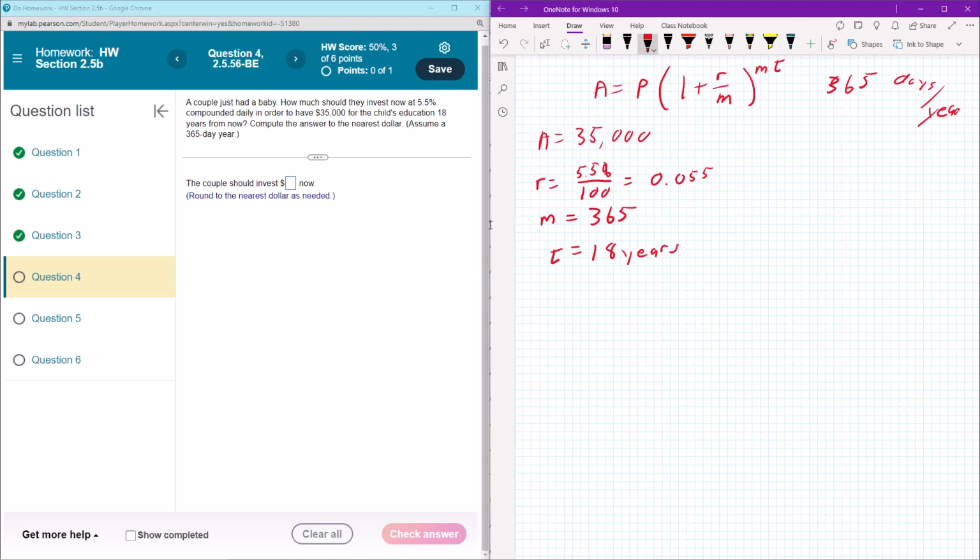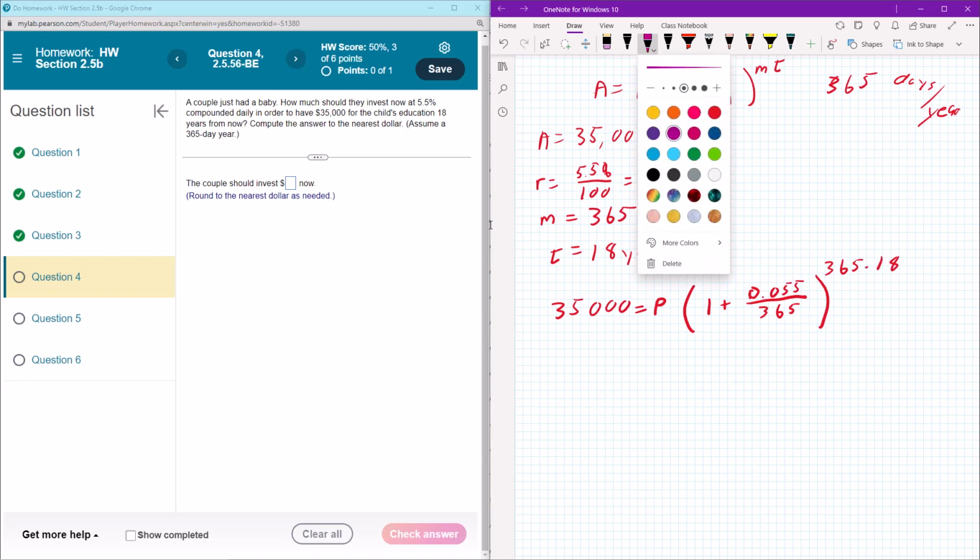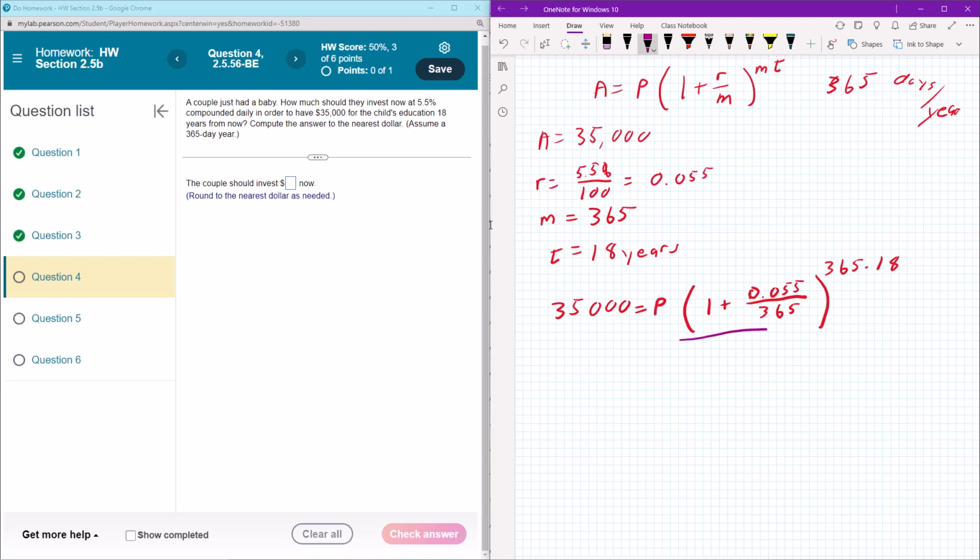So writing this out, we have that $35,000, that is A, is equal to P, that's what we want to figure out now, times 1 plus 0.055 divided by 365 raised to the 365 times 18 power. Like before, I'm going to divide both sides by this quantity.